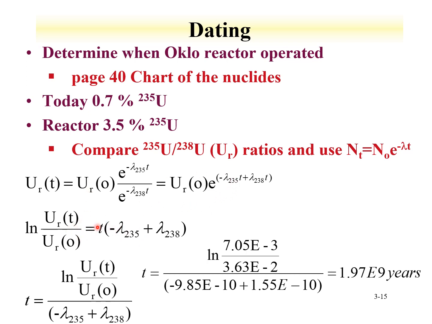So again, we input the ratio from today, input the ratio that we know is a condition for the reactor to operate, throw in the constants, calculate, and we get a reasonable value. And all of this was done just based upon understanding that a reactor needs about 3.5% uranium-235 with natural light water in order for fission to occur.